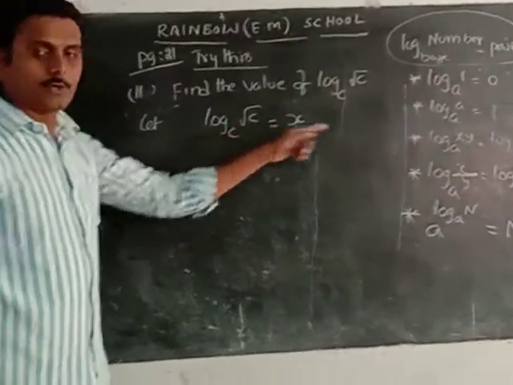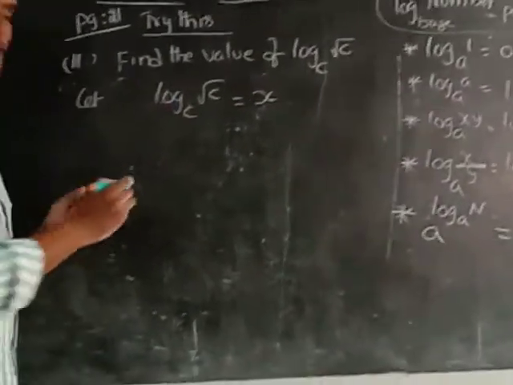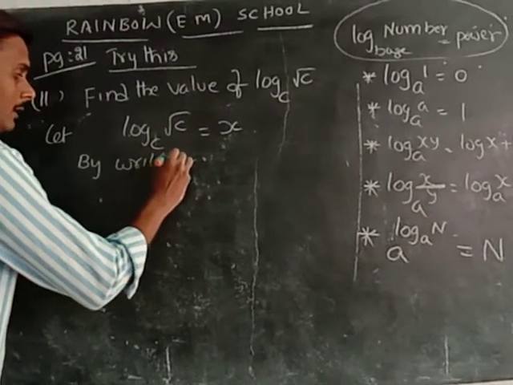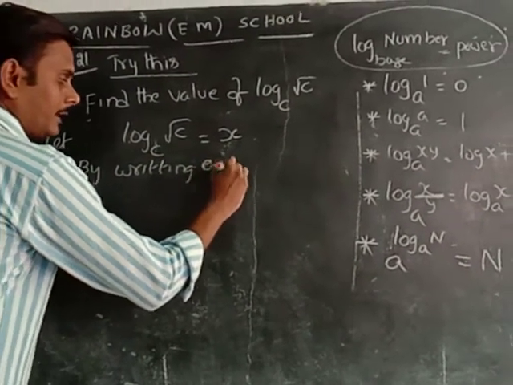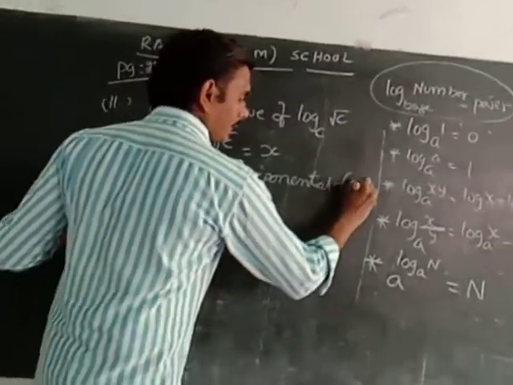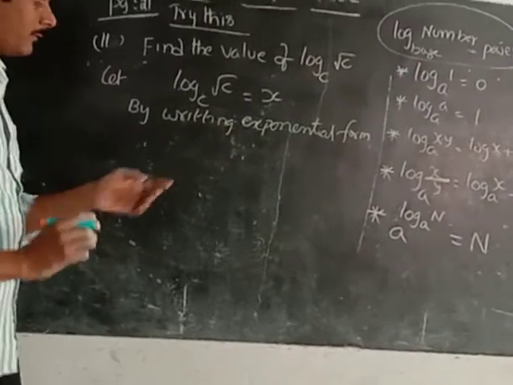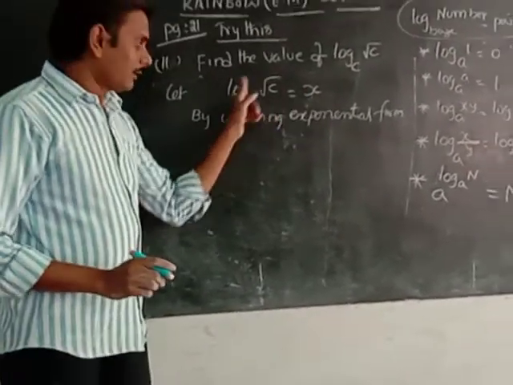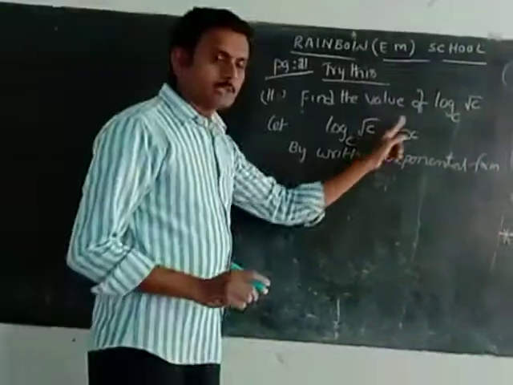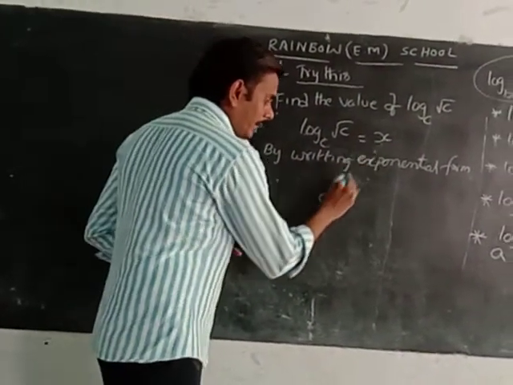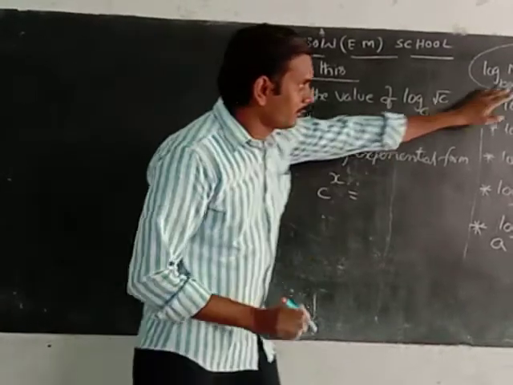Write the exponential form. Now write the exponential form: what is the log number base power? First write the base. Base is c. What is the power here? x. Okay, we have to recall this one.